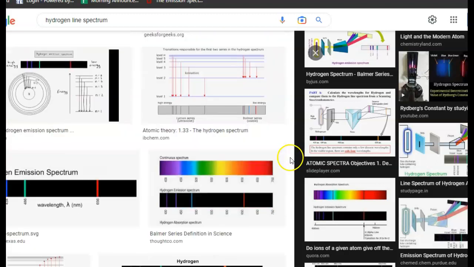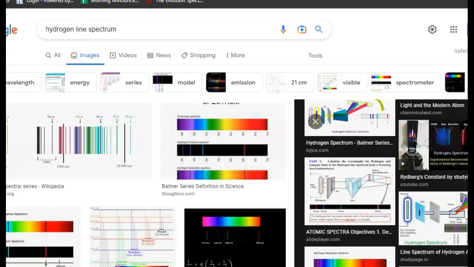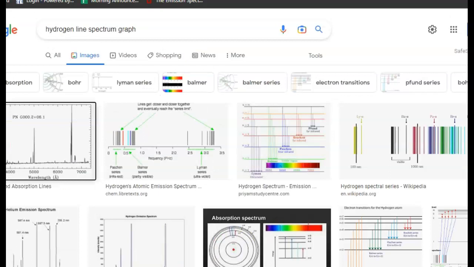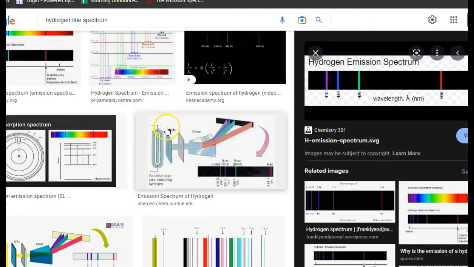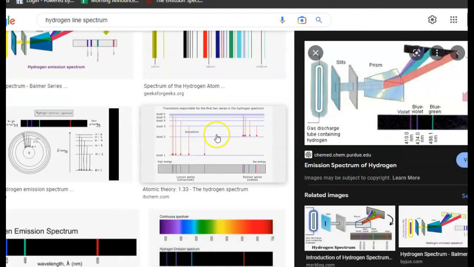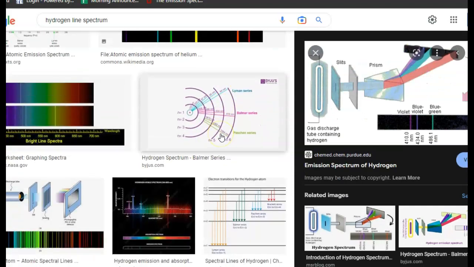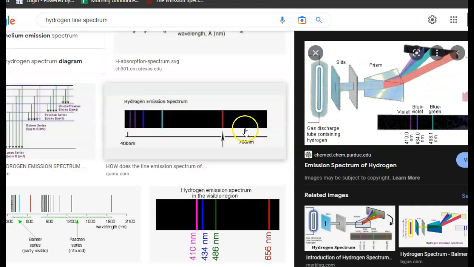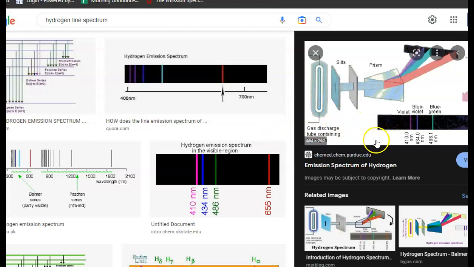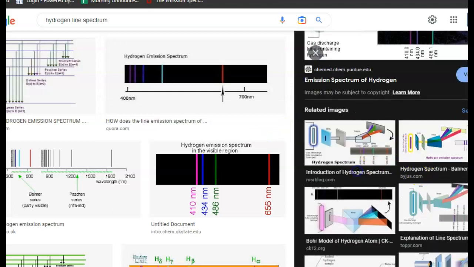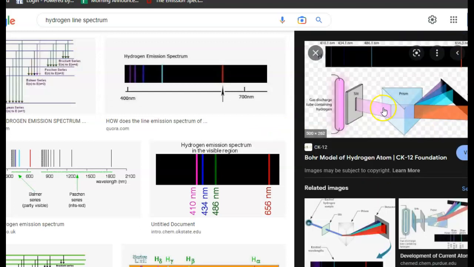But with hydrogen, the only thing that we're going to see is 4 distinct lines. So this picture here kind of shows it. We're putting light through a prism, and we see that there's 4 distinct colors as a result.